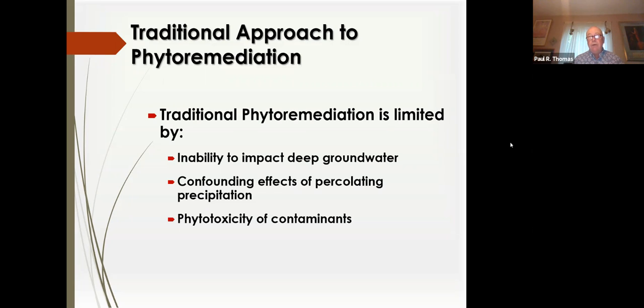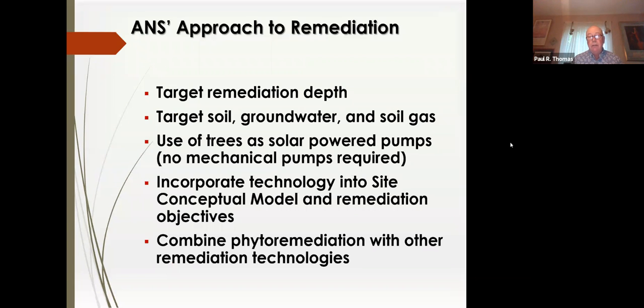And if they can survive on percolating precipitation, which is the case in most environments in the continental US anyway, where we work, the trees are not going to go after deeper water if they don't have to. And the other thing that we were trying to overcome is phytotoxicity resulting from higher concentrations of contaminants.